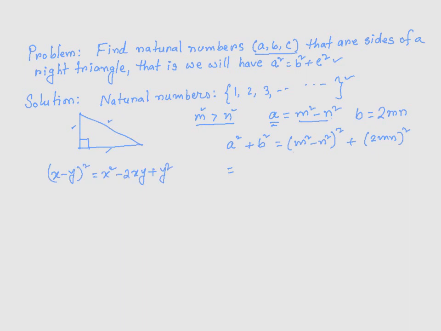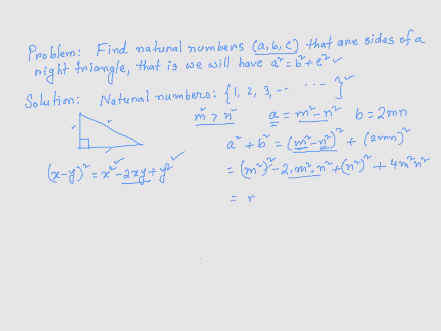Using that formula, I'm going to simplify this. In my context, x is m square, y is n square, so it's going to be x square minus 2 times x times y, plus y square, which is n square whole square, plus 2mn whole square is 4m square n square, which is going to give me the following.